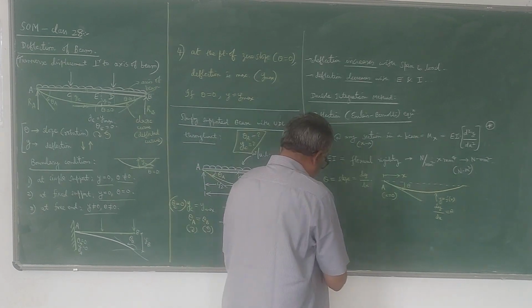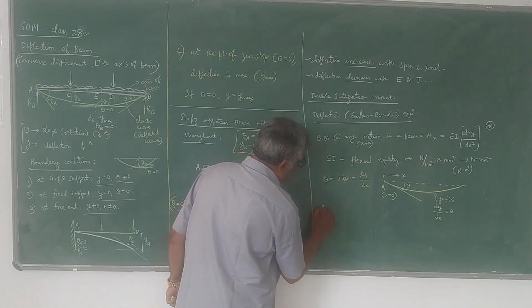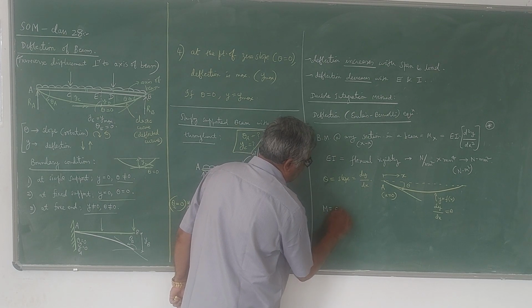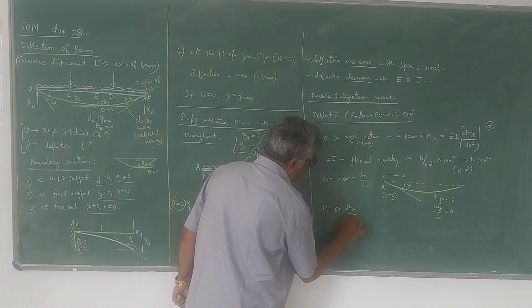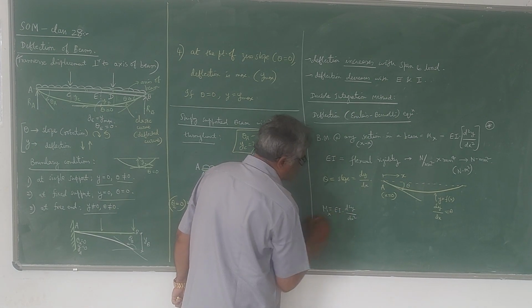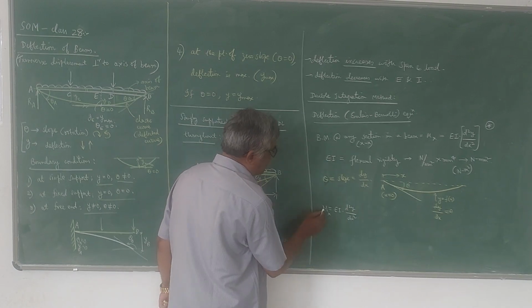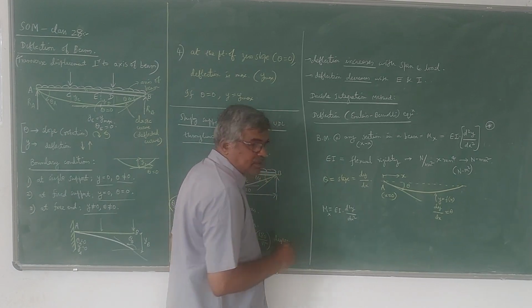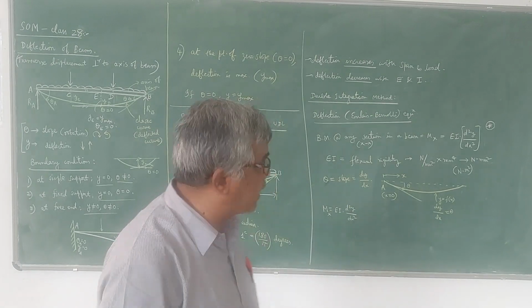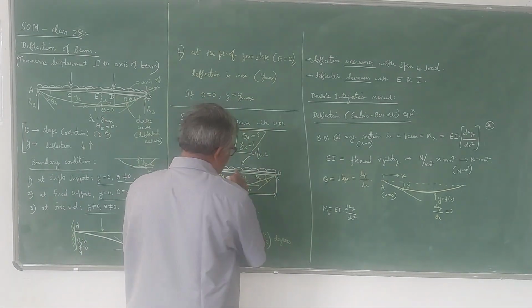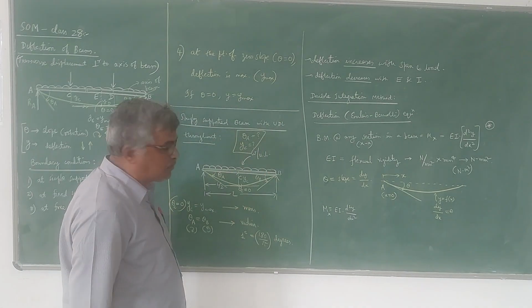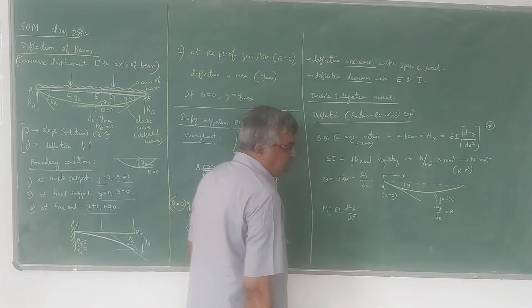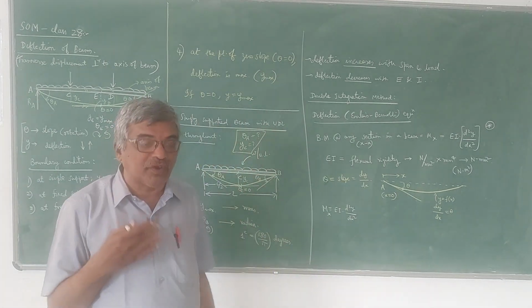So if I take that equation, M is equal to EI into d squared y by dx squared, normally you will be knowing the expression for Mx. You can write the expression for Mx by knowing the beam and the loading, the bending moment expression at any section XX where the deflection or slope is required.